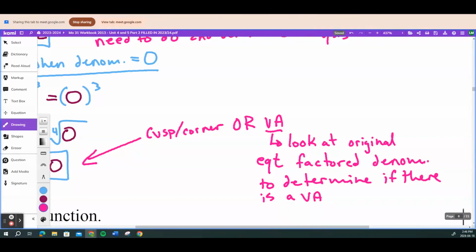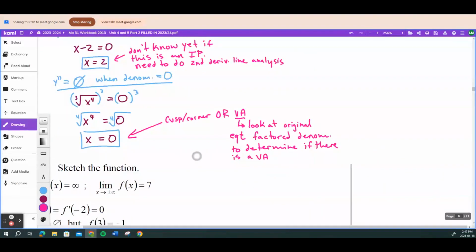But like I said, since there is no denominator in our particular example, that means that this has to be a cusp or a corner, whatever you want to call it.